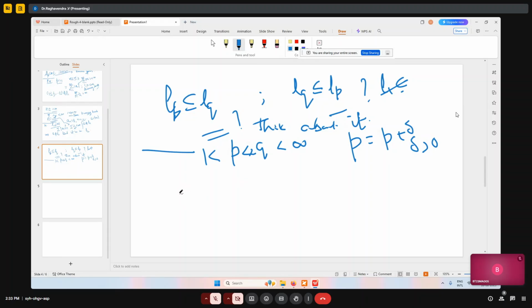You look at the sequence 1 by n raised to an appropriate power, so that it is in one space Lp but not in Lq. This power k, you choose it.